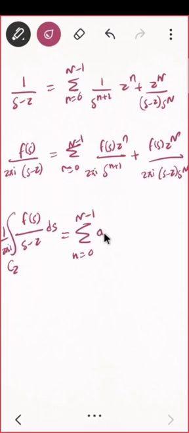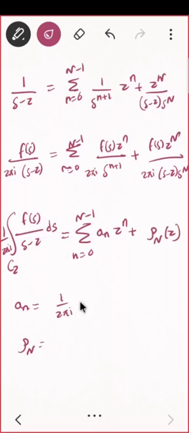So I'll be writing en z raised to n plus whatever is remaining, which I call rho n of z. Okay, so let me write where en is what and rho n is what. So what is my en? En is 1 upon 2 pi I integral over C2 of f of s ds upon s raised to n plus 1.